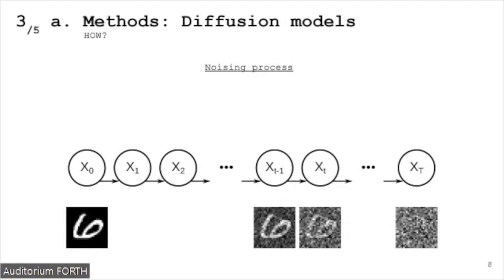And so I will very briefly explain the process of the diffusion model. You have the forward process, which is a noising phase, where you have your original data, and you are going to add noise to it.